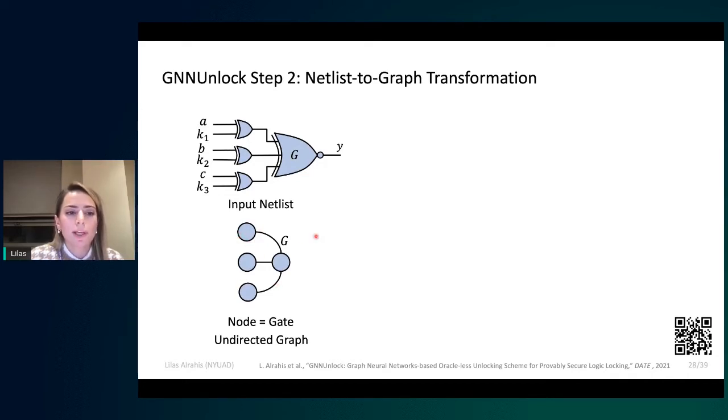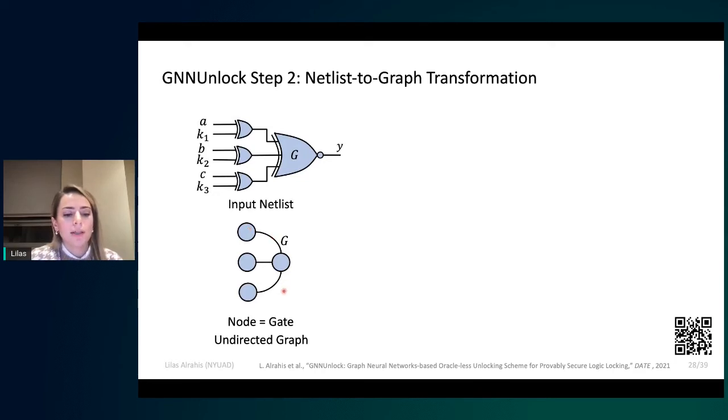In some of our applications, we do not represent the primary inputs or the primary outputs. This is because in this specific case of GNN Unlock, we are interested in classifying the gates, which gates belong to which unit in the design. So that's why we only represent the gates as nodes, but we also keep the information whether a gate is connected to a primary input or not in the extracted feature vector.